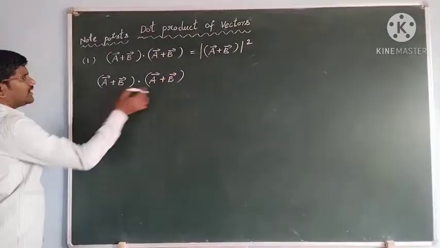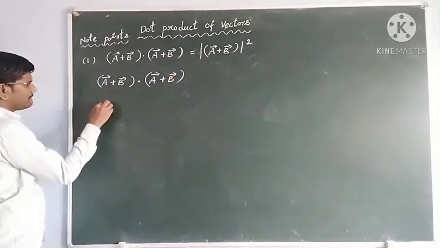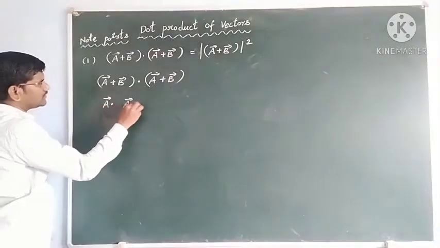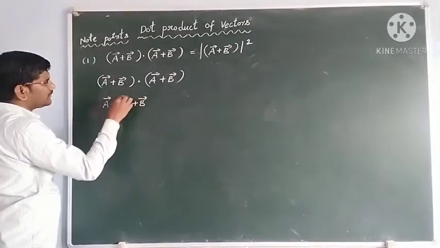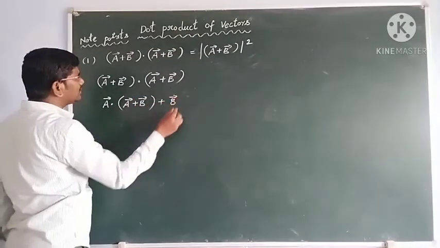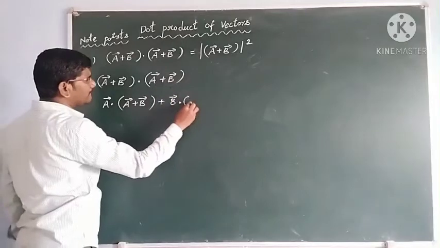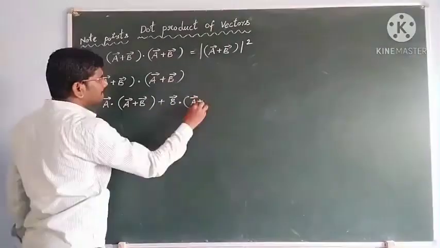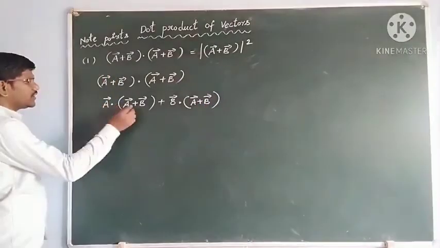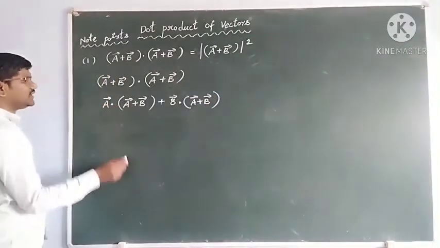Then multiply this with A bar: A bar dot (A bar plus B bar) plus B bar dot (A bar plus B bar). Okay students, now check the value of A bar dot A bar.